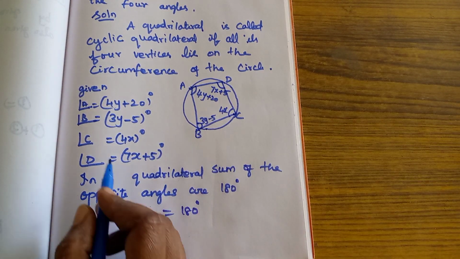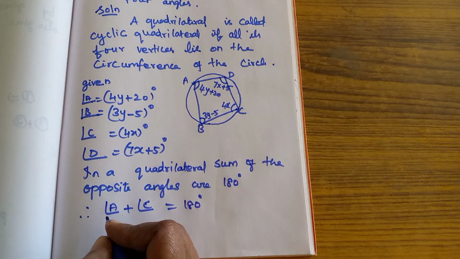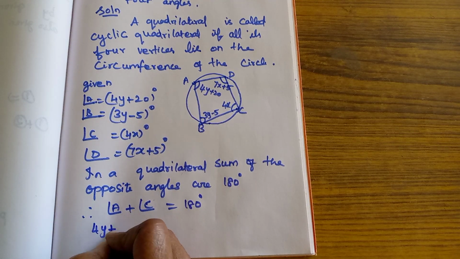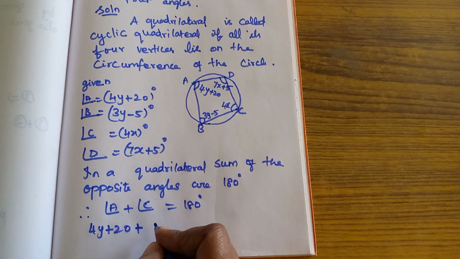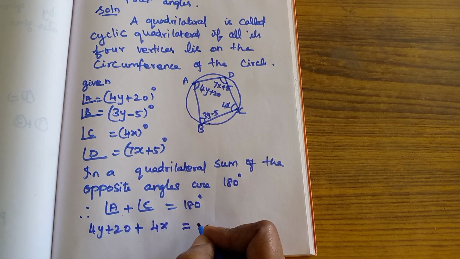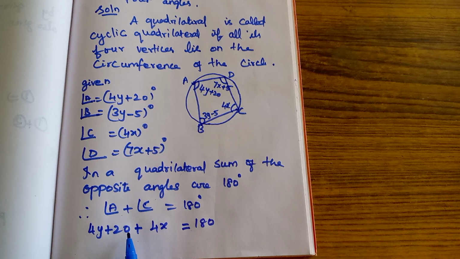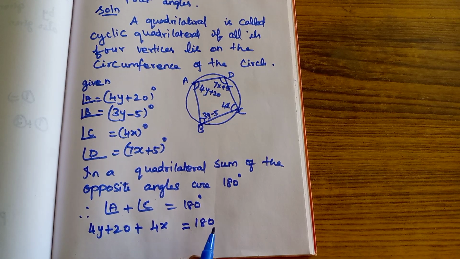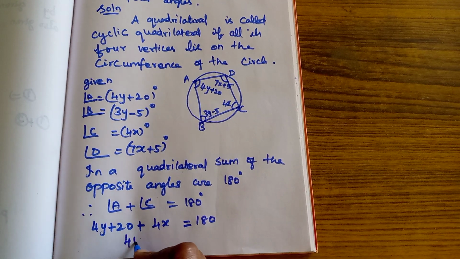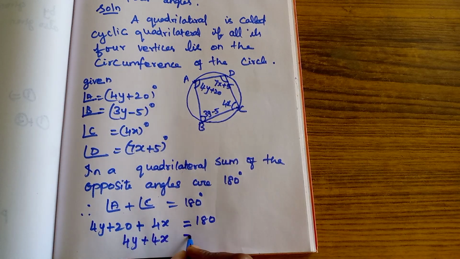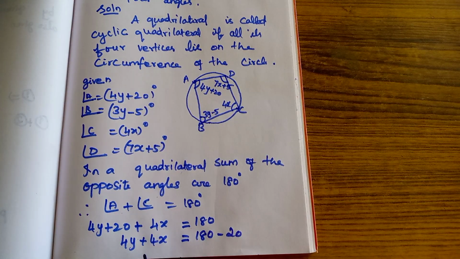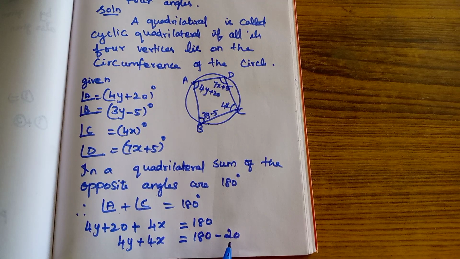That is, angle A is 4y plus 20, plus angle C is 4x, equal to 180 degrees. From here, this 20, the constant term, take it to the right side. So 4y plus 4x equal to 180 minus 20. From here, 4y plus 4x equal to 180 minus 20 is 160.